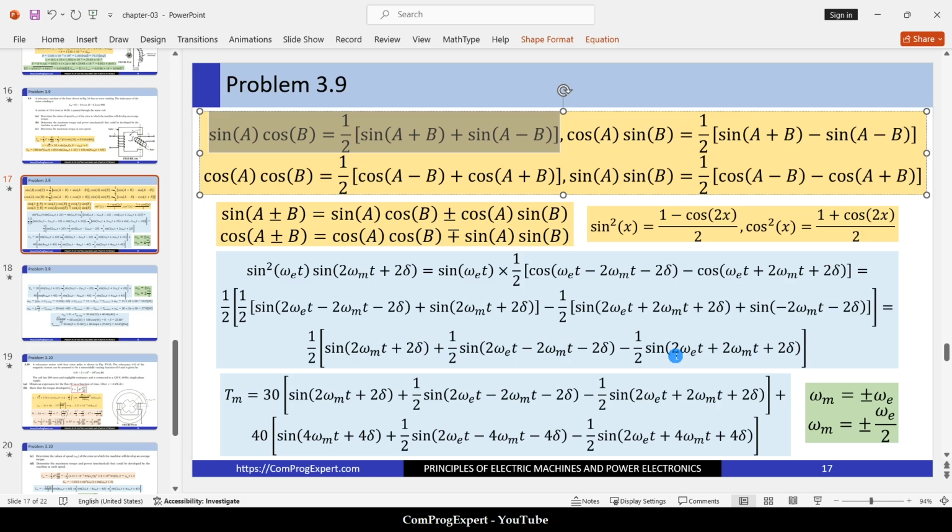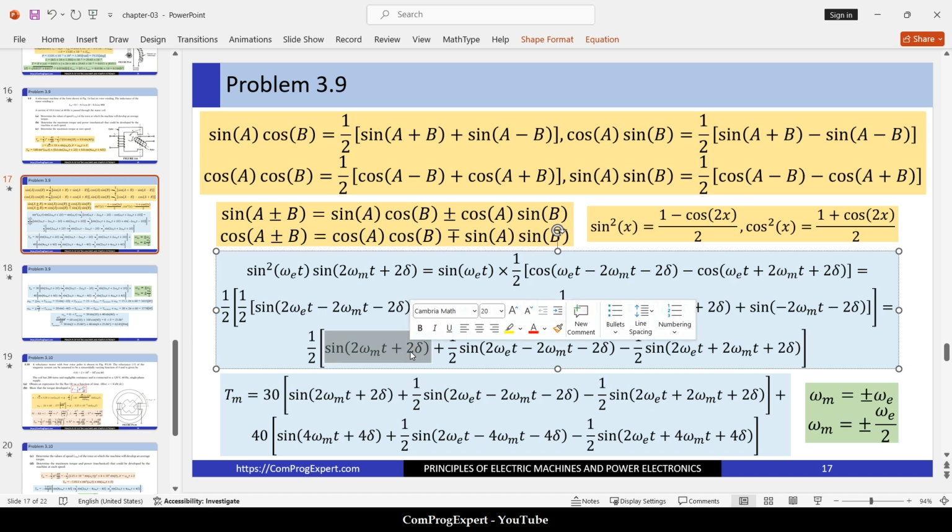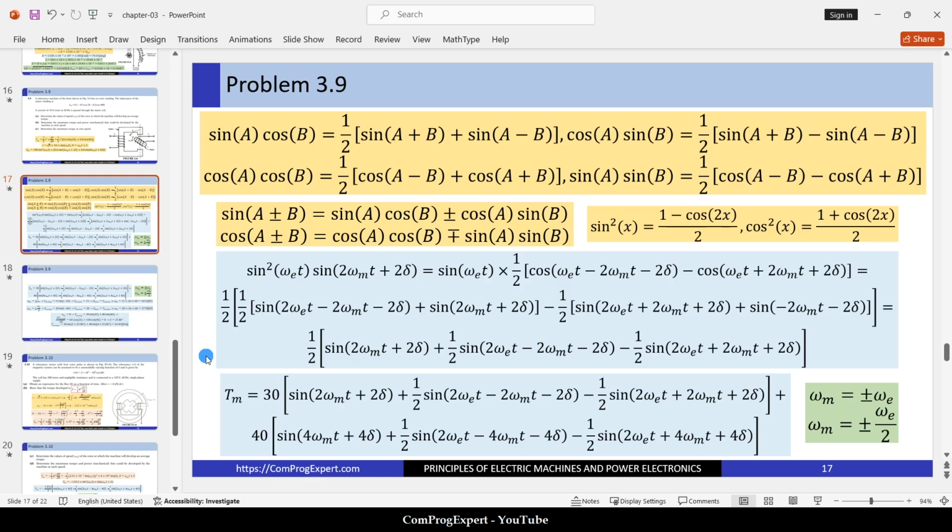So what is important here is that we have three terms. In the first term, we don't have omega e, the electrical angular speed. Okay? In this term, we have omega e and omega m.